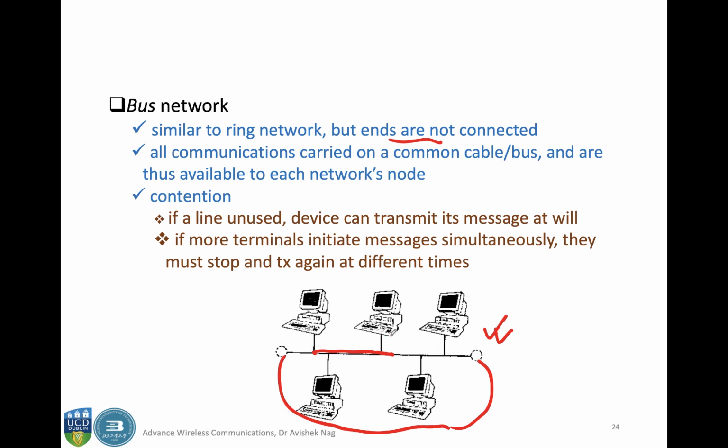So let's say these two are trying to send messages to this one simultaneously, then there will be a contention. So this bus cannot be used simultaneously by these two. Either this one or this one has to wait and transmit again at a different time.